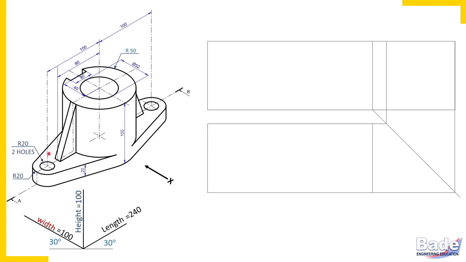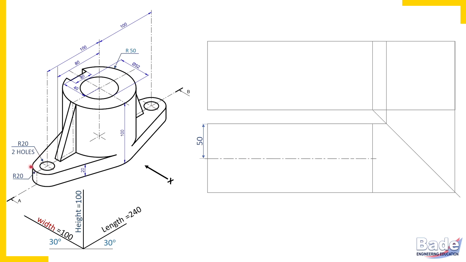So let's proceed. To draw these curved edges on the 2 sides, we'll locate center of the curved edges. So width is 100 millimeters. In the top view, don't forget width is vertical. So I've located midpoint 50 millimeter and I've drawn center line. So this is a center line. So center line passing through the centers of these 2 holes. That line we have located.